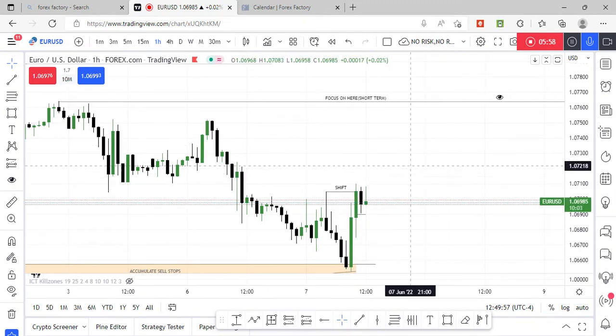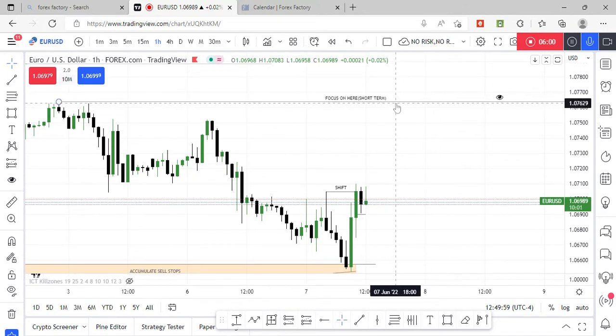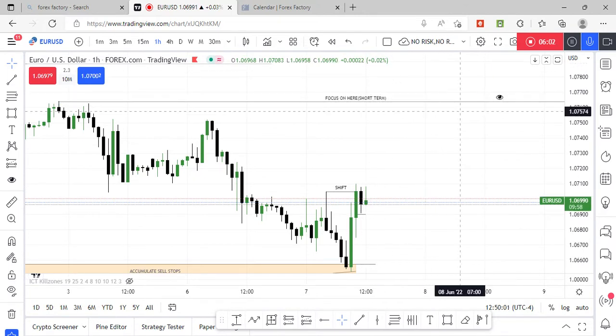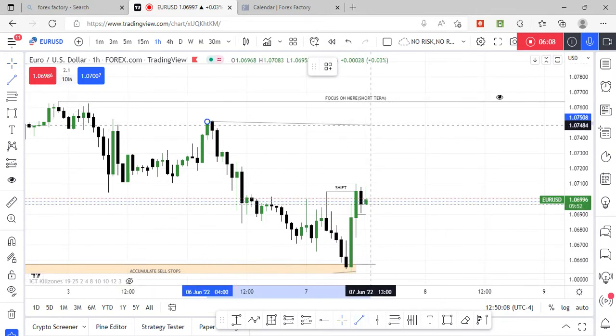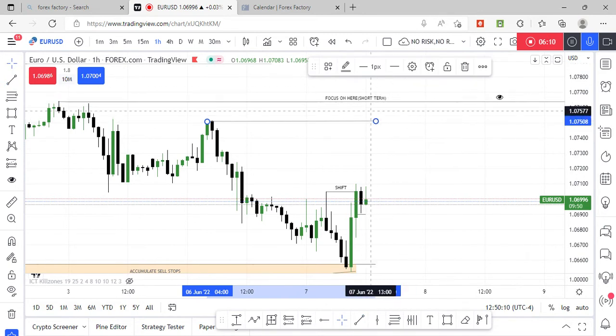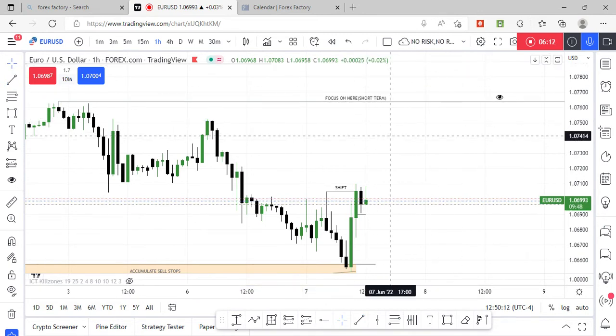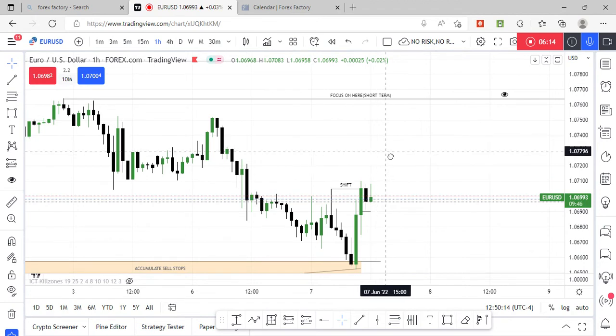So our next draw on liquidity is this buy side liquidity. First target is this, and second target is above this. This is short term for EUR/USD.